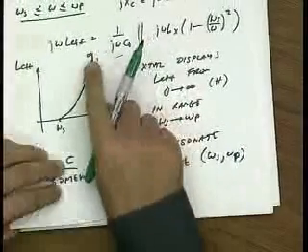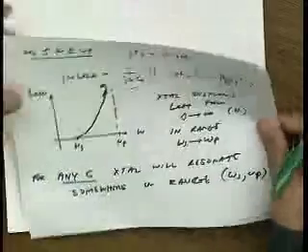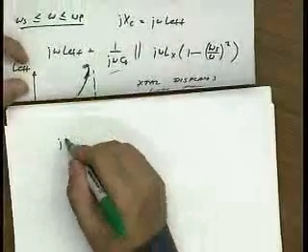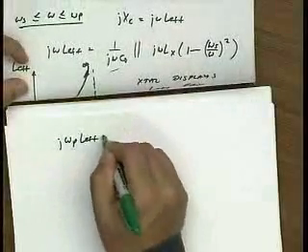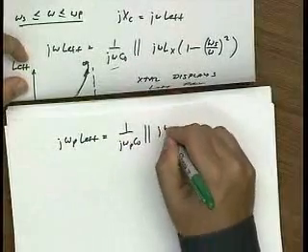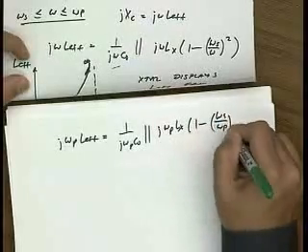Okay. So, using this equation, basically plug in omega p into this equation. So if I plug in omega p, L effective has to equal 1 over j omega p C naught, j omega p Lx times 1 minus omega s over omega p squared.